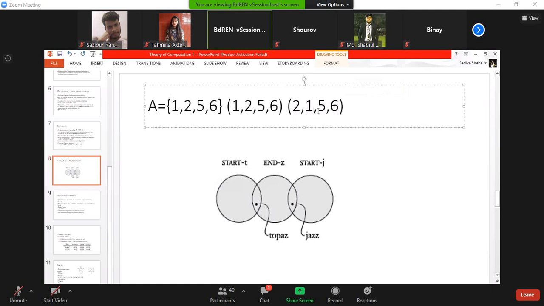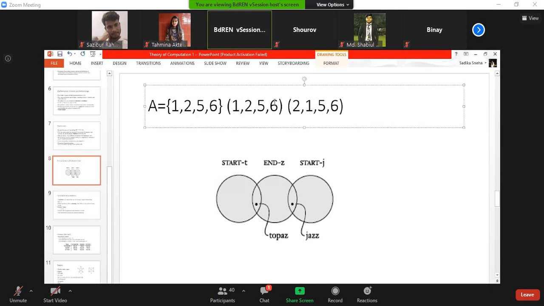So these two sequences are different. They are sequences of the same set, but they follow different order. They are different sequences of the same set.